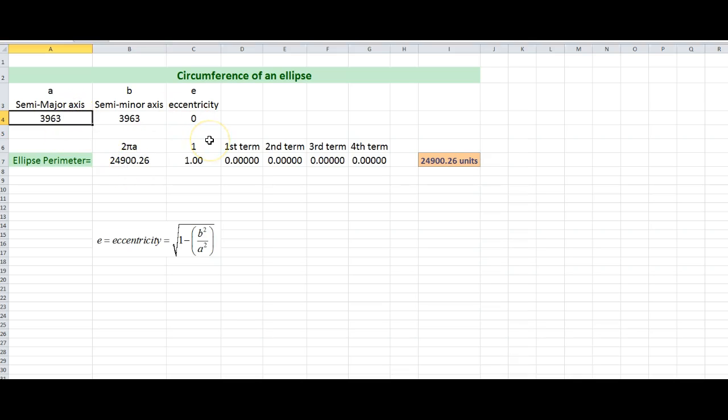All right. So let's say the semi-major axis is equal to 10,424.1, and the semi-minor axis is equal to 9,579.42.